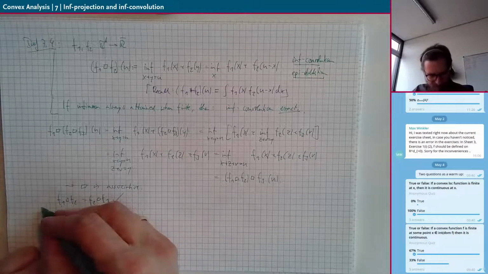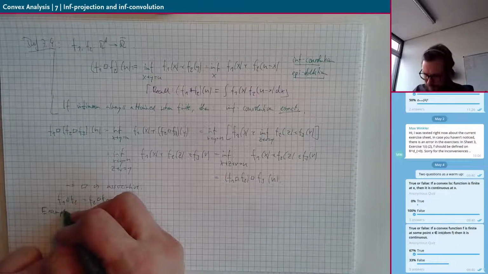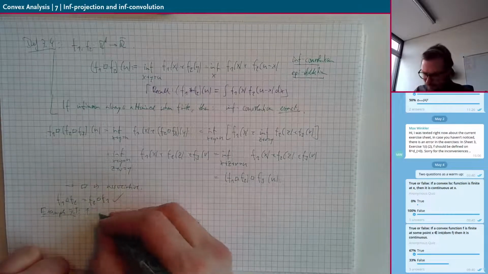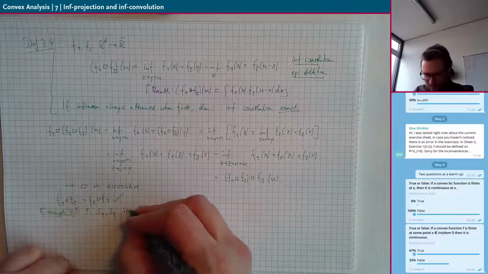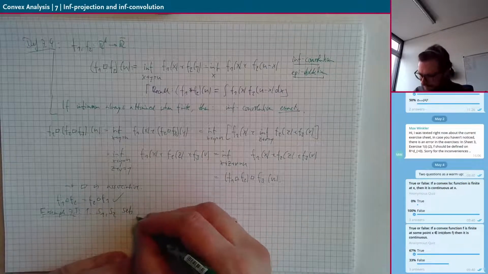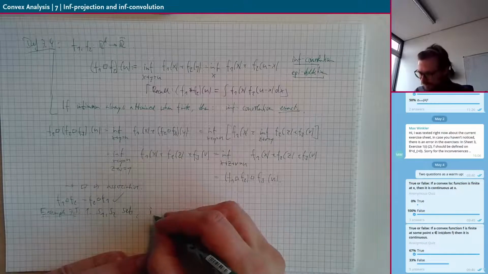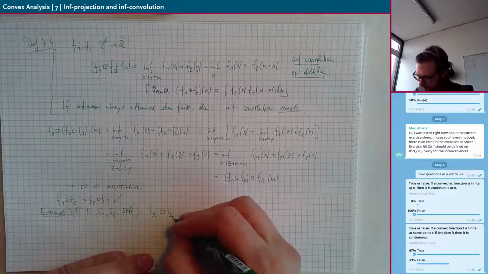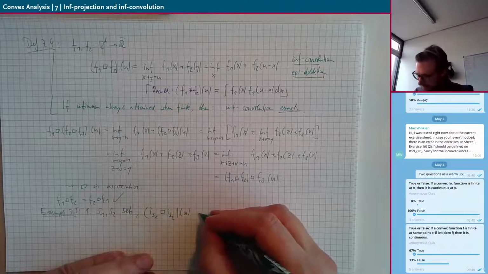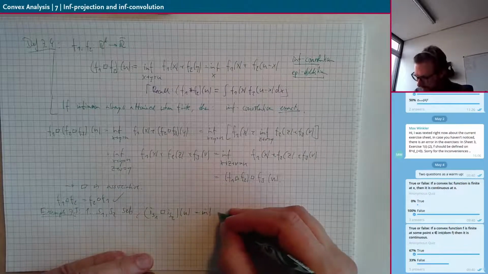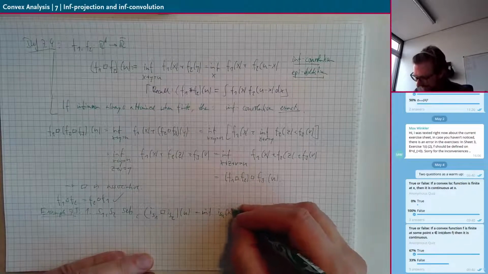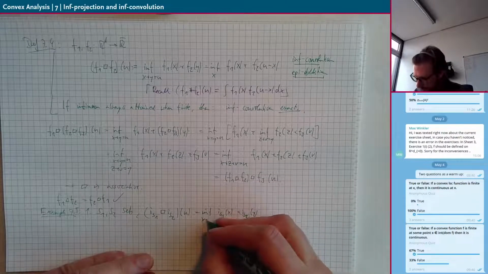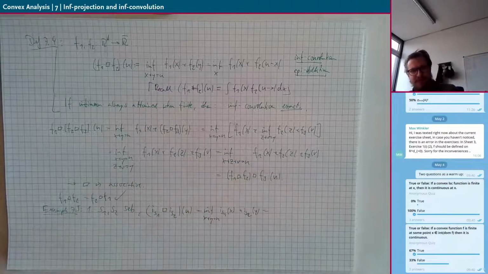Let's do two examples. Example 7.5. Let's do indicator functions first. We have S1 and S2 sets. If we take the indicator function of S1 and do inf-convolution with the indicator function of S2 at some u, this gives the infimum over x plus y equals u of the indicator function of S1 at x plus the indicator function of S2 at y. So when is this finite?